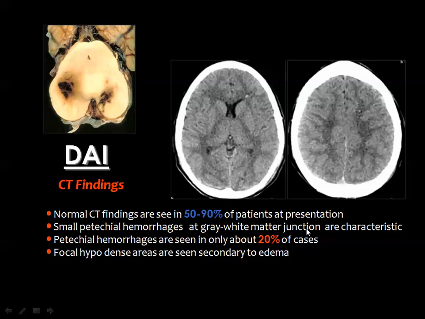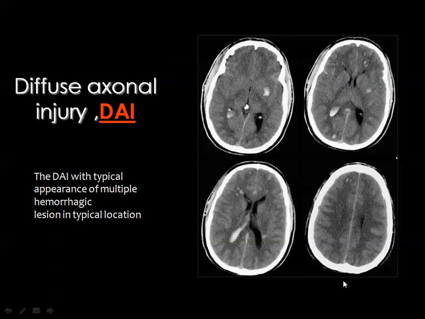Then in some cases, by CT scan, you do not see a lesion because the hemorrhages are minute and they are not apparent in the CT scan. But MRI is much more helpful in detection of these minor foci of hemorrhage, especially the gradient images.